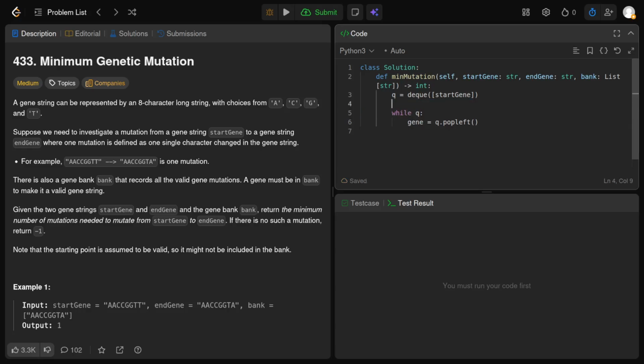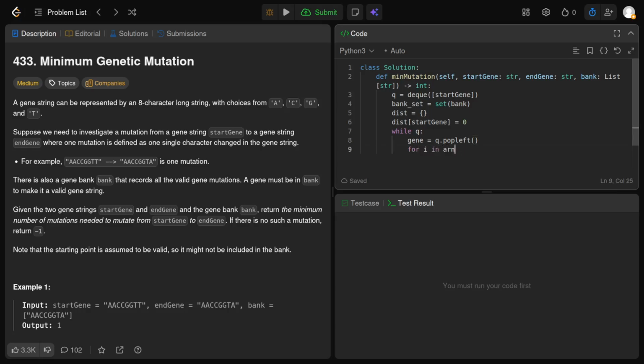Let's do it like, no, that's the bank. We do a dist, with the start gene equal to 0, right?